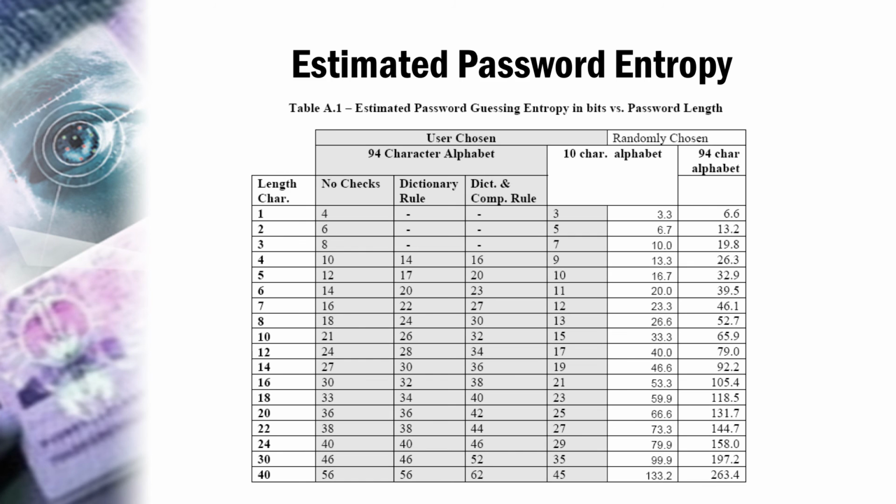Number 5, the entropy of the next 7 characters is 2 bits per character. Number 6, for the 9th through the 20th character, the entropy is 1.5 bits per character. Number 7, for characters 21 and above, the entropy is 1 bit per character. And number 8, a bonus of 6 bits of entropy is assigned for a composition rule that requires both uppercase and non-alphabetic characters.